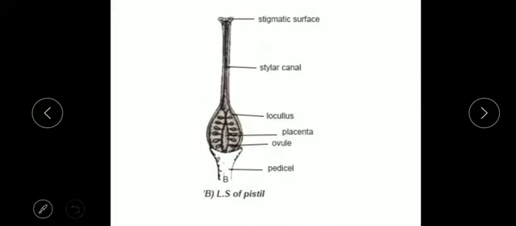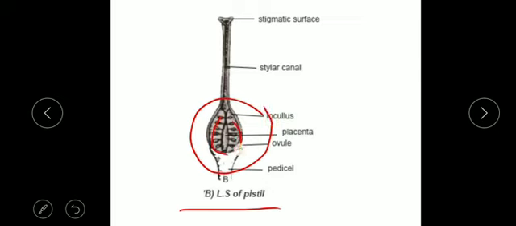Okay, next is again the LS of the pistil. This diagram I am showing you again because this is the ovary part in which you can see the ovules, and number of ovules. Now we are going to study a single ovule: what is the structure of a single ovule, what are its different parts, and its function.